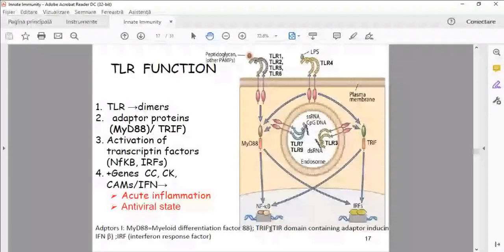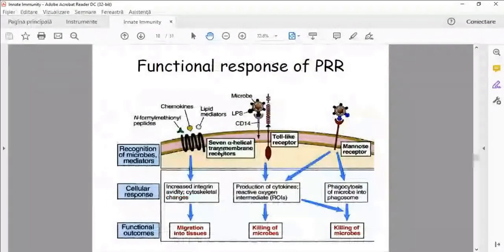So, the functional response of pathogen recognition receptors, no matter what type of pathogen recognition receptors, is, as I told you before, after recognition, which induces some conformational changes in the receptor.